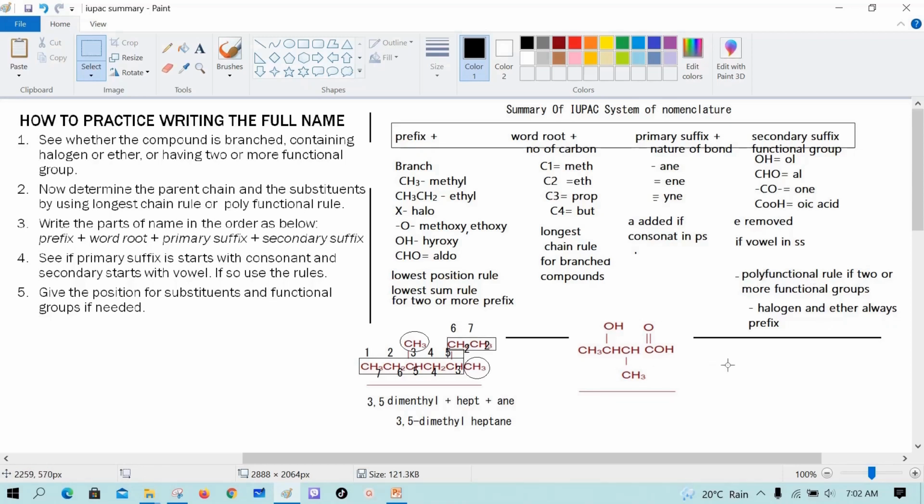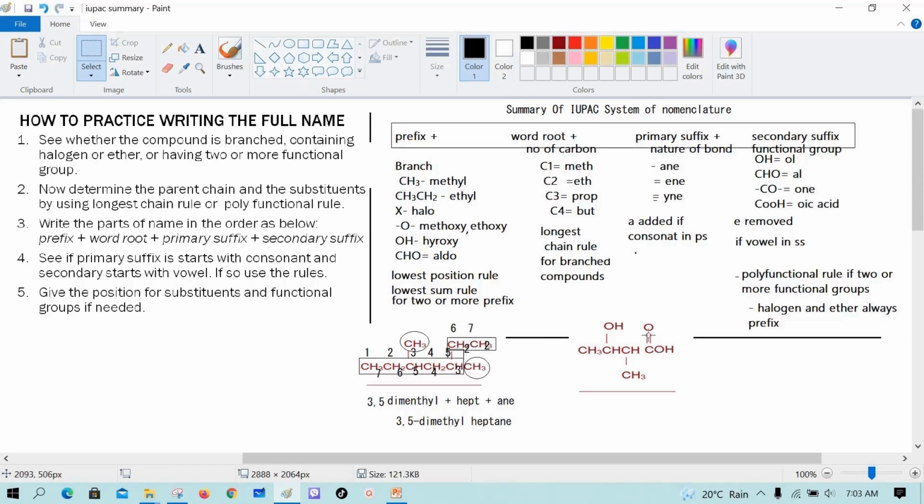According to the polyfunctional rule, we should choose one functional group as the principal functional group, and it should be indicated by the secondary suffix. Between OH and COOH, COOH gets priority according to the priority order, so COOH will be indicated by the secondary suffix.